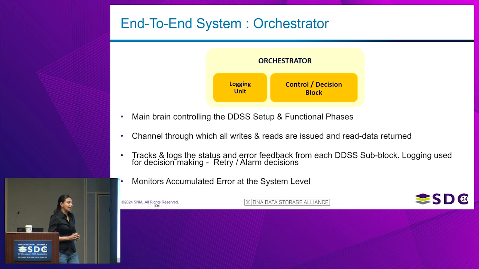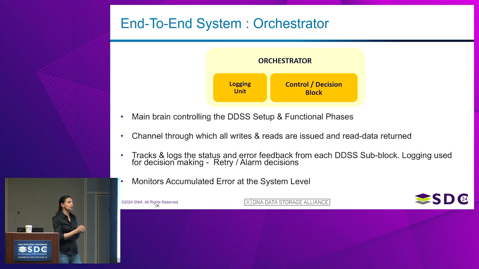One other thing that the orchestrator is able to do is basically monitor the entire system-level error. This concept is also touched upon in the spec, essentially because the net error that is seen in the system might be coming from different sub-blocks, might be an accumulation of different sub-blocks.